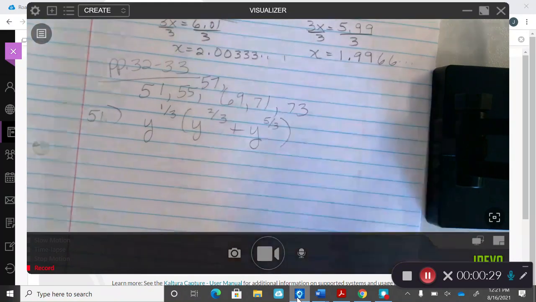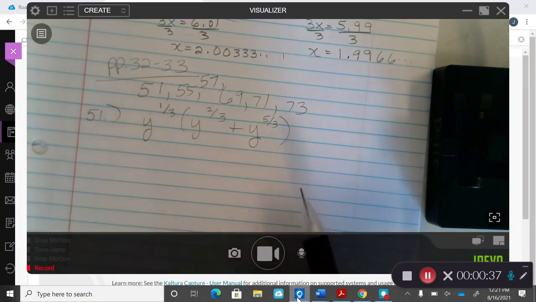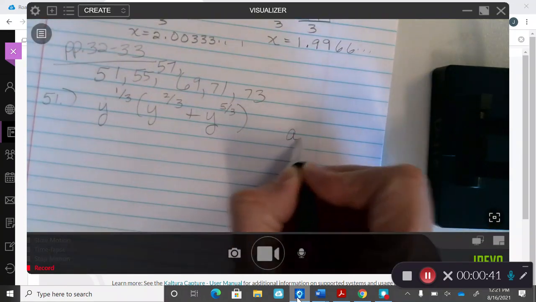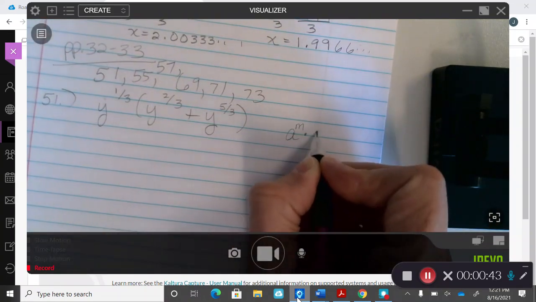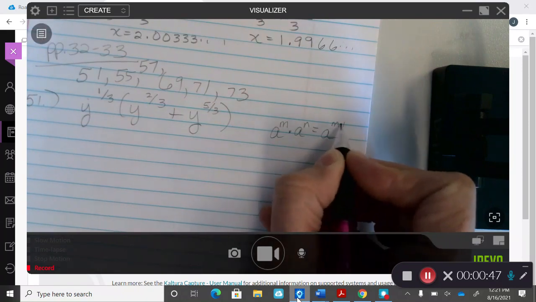So if we are actually performing the indicated operations, which means just distributing, right? Multiplying. What is the process if I multiply a to the m times a to the n? What do I do? Add those exponents, right?